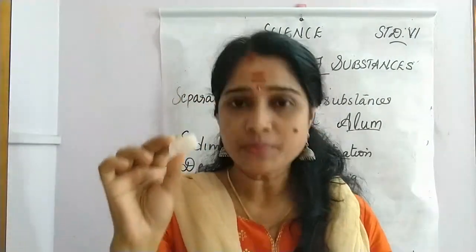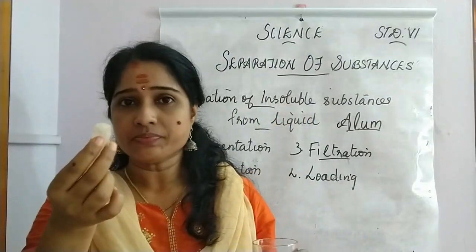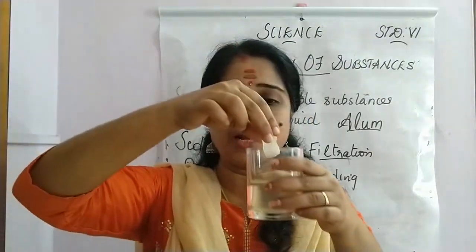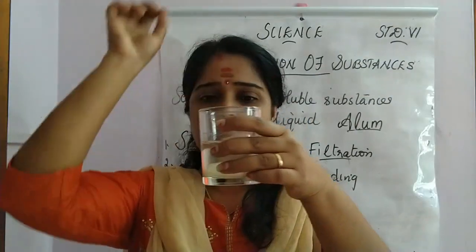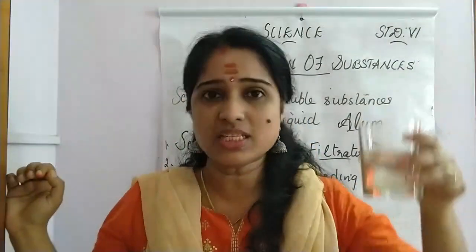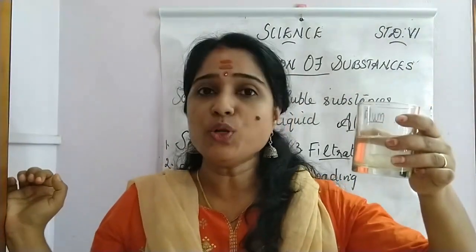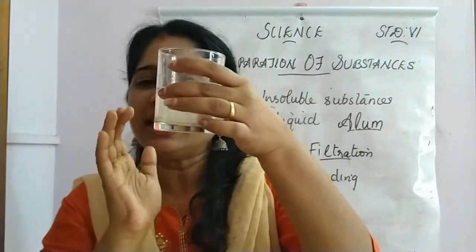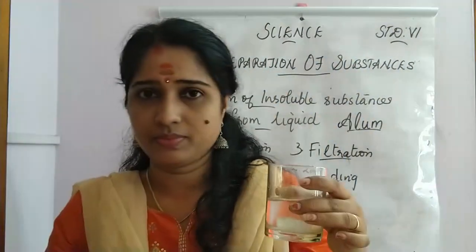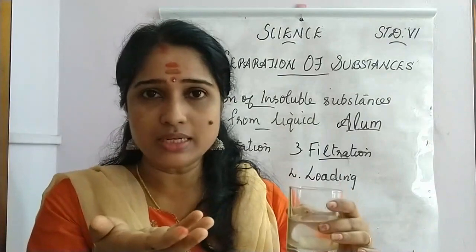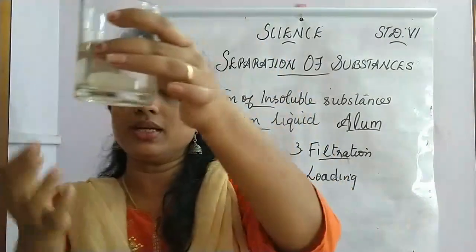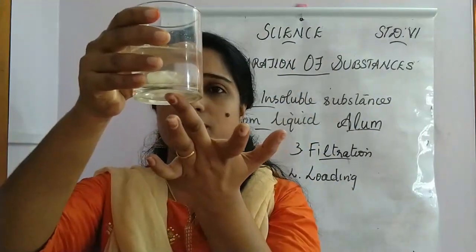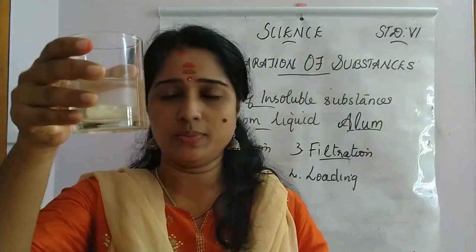When we go, you will get it. When we put this alum in the glass of water, it takes some time. The dust particles will stick to this alum. Alum is a stone, isn't it? You can see it, the stone sinks in the water. A stone very easily sinks in the water.